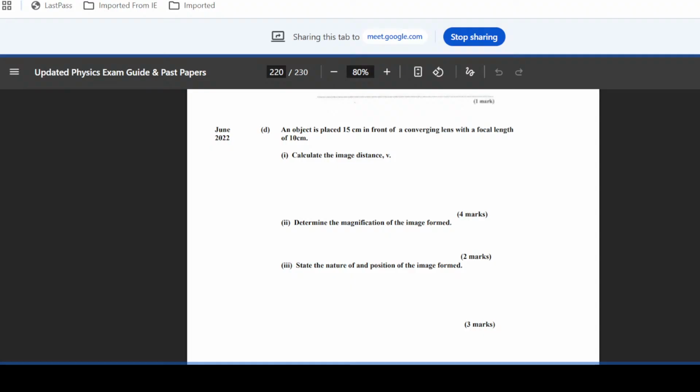You could work them out individually if you want: 1 divided by 10 is 0.1, and 1 divided by 15, I think, is 0.0667. And that is equal to 1/v. So you could literally do it like that. Whichever way you're comfortable with, just work it out that way.